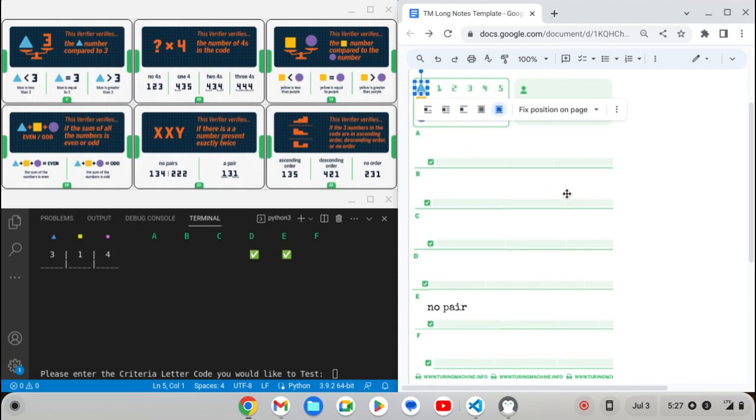So let's go ahead and type that up in section D. That triangle plus square plus circle should be an even quantity.